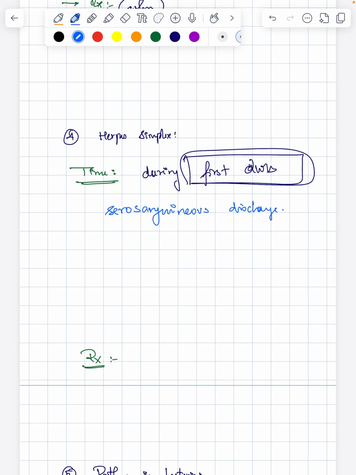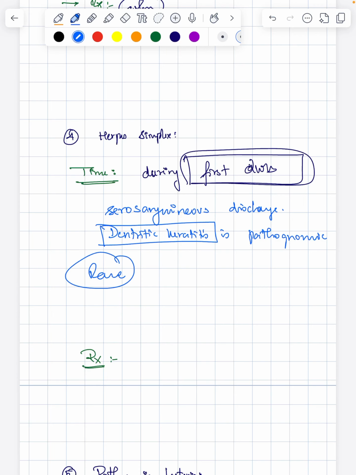Dendritic keratitis is pathognomonic of this. So dendritic keratitis is a pathognomonic feature of your herpes simplex causing your ophthalmia neonatorum. So this is a very rare cause of ophthalmia neonatorum.